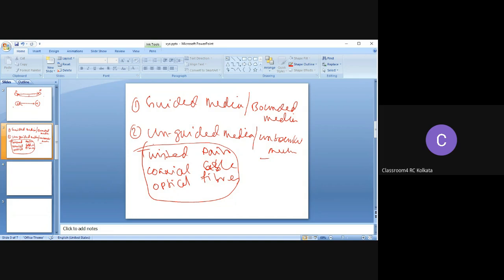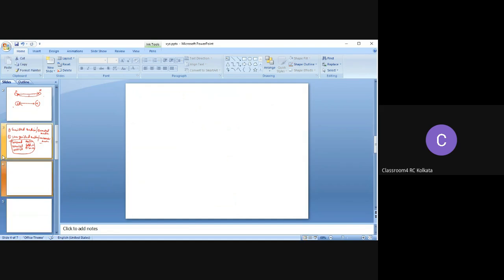So first, twisted pair. Here, two copper wires. Pair means two wires twisted with each other.